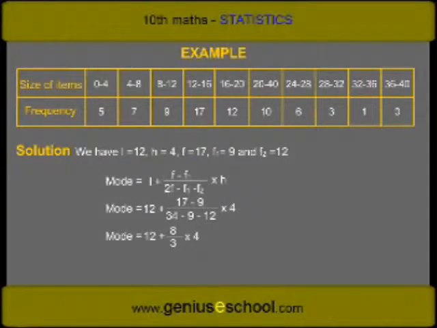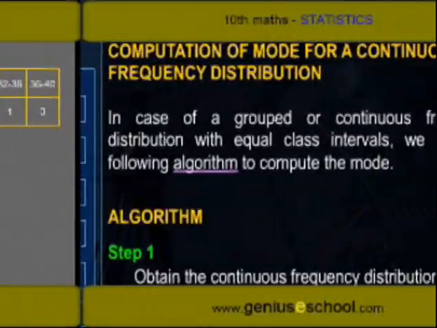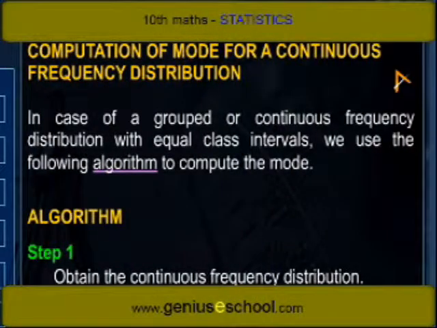Mode is equal to 12 plus 8 by 13 into 4, which is equal to 12 plus 2.46, which is equal to 14.46.